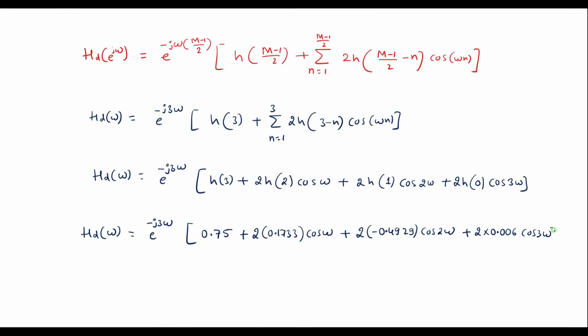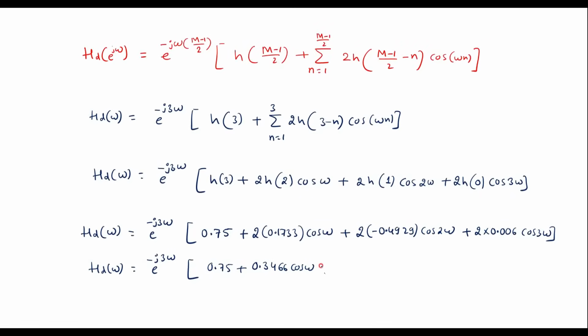So simplifying this, I will get hd of omega is equal to e power minus j3 omega. We have 0.75 plus multiplication between these two, it gives 0.3466 cos omega.